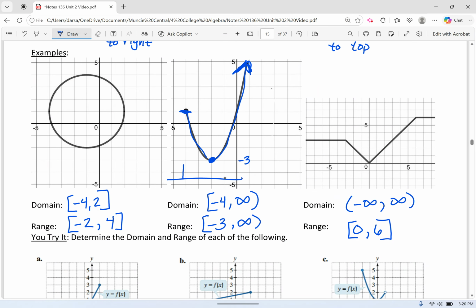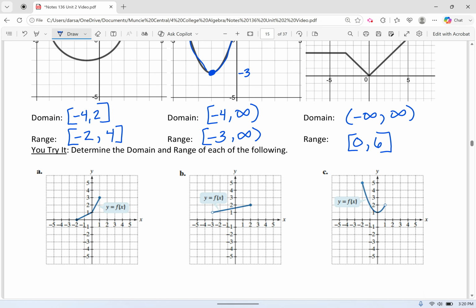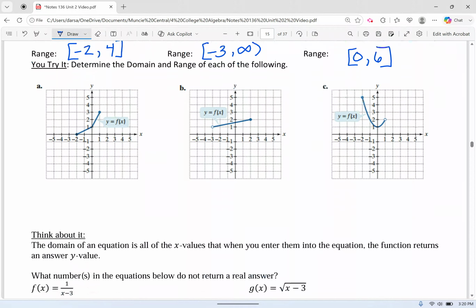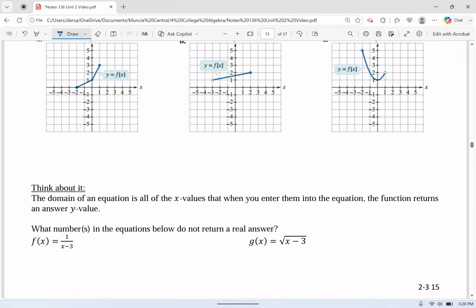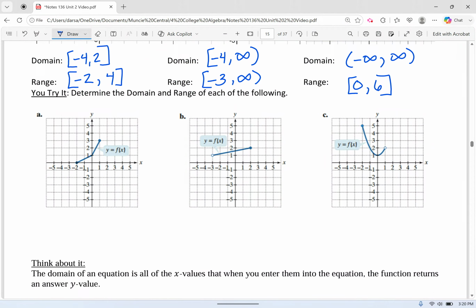All right, now there's one other little issue that people come up with, and they see bends and holes, and they go, oh, what is going on with these bends and these holes, and how does this affect things? So if you look at this set of graphs right here, does this bend mean that we stopped the graph right there?